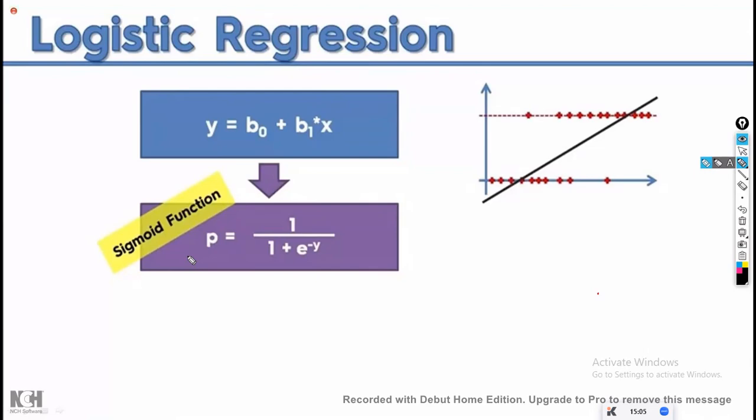Now, what is meant by the sigmoid function? Sigmoid means it is going to calculate the probability. So what is the probability? P is equal to 1 divided by 1 plus e to the power of minus y. Now, what is meant by y? Y is whatever your linear equation is, that is your y.